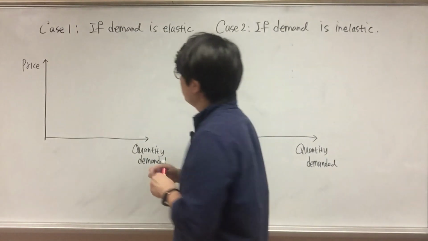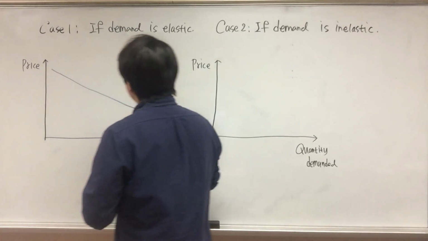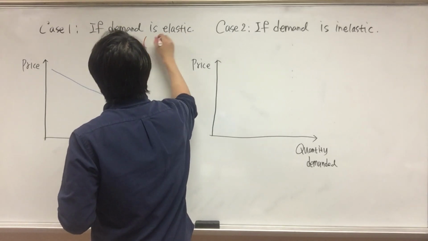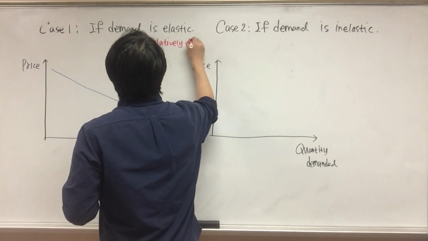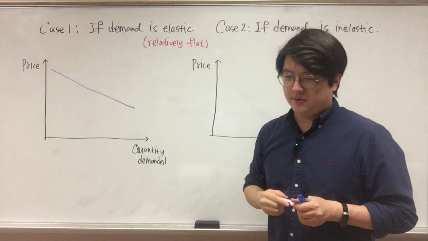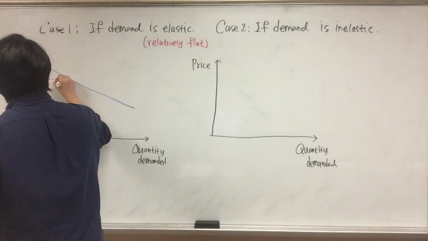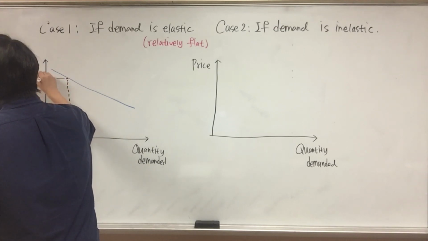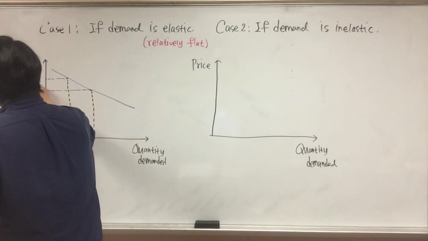Like this. So if the demand curve is elastic, it is relatively flat. So what happens? If we use the same example, this one is $4 and this one is $3.